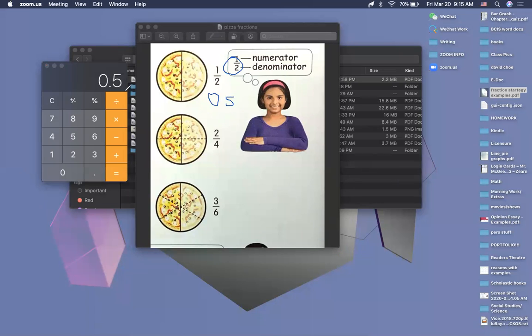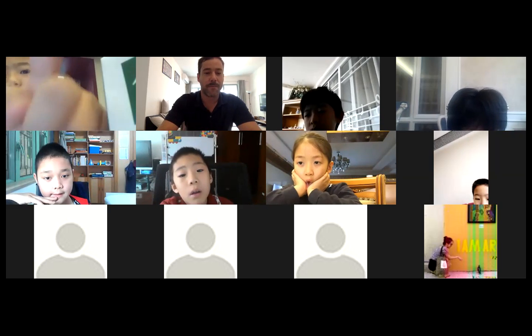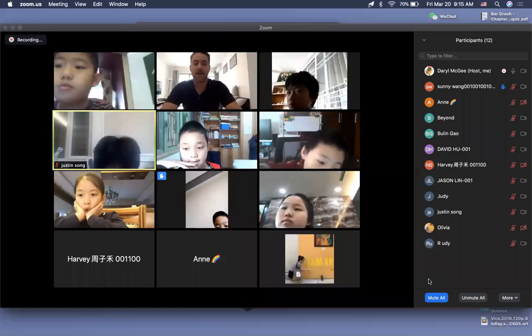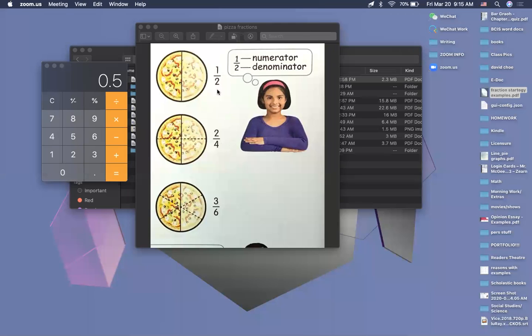Let's test it with Jason's pizza. 2 pieces over 4 pieces. 2 divided by 4 equals 0.5. This one's 0.5 and this one's 0.5. Because why? They're equal. They're the same.